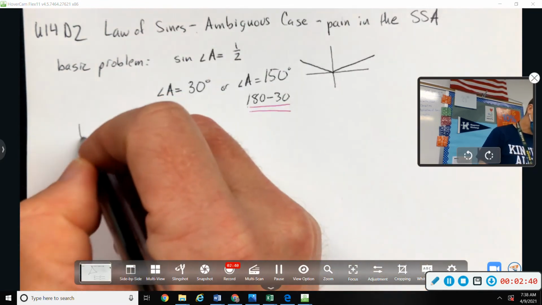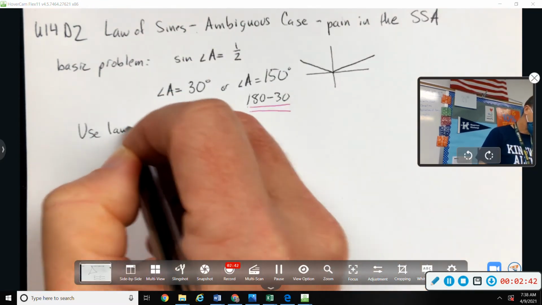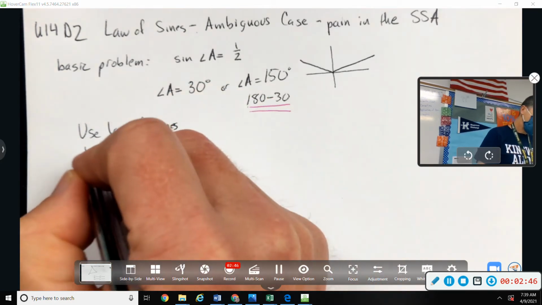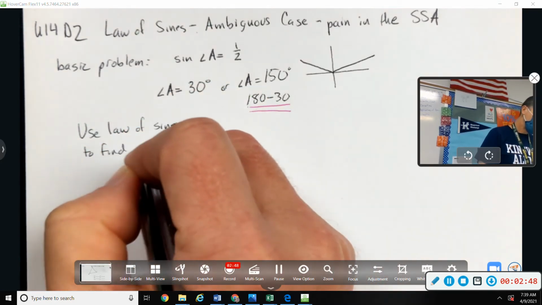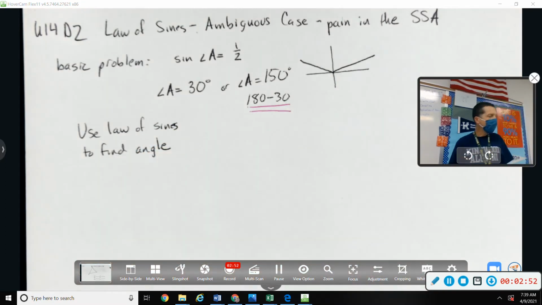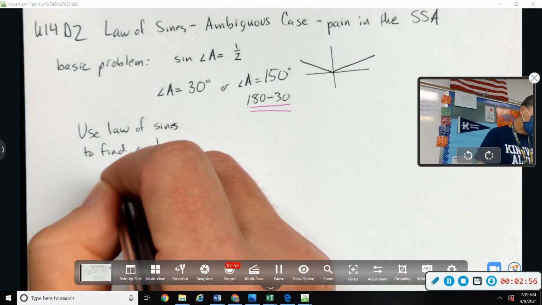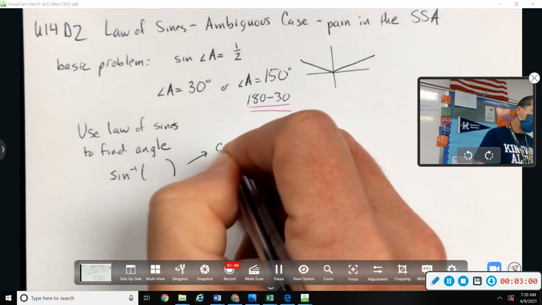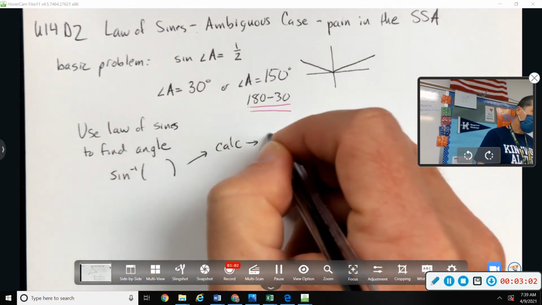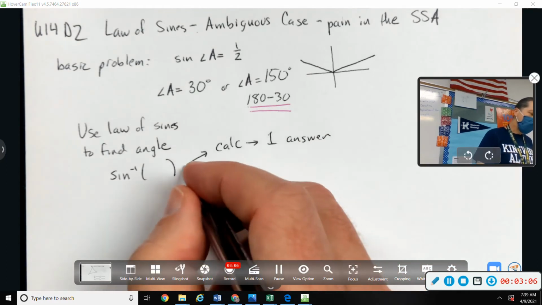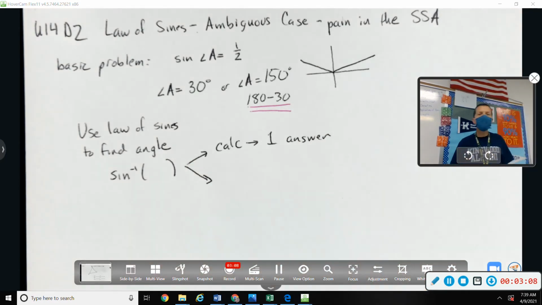So we'll use law of sines to find an angle, and that's the problem. When you hit inverse sine of something, your calculator tells you one answer, but you have to know there's another answer.